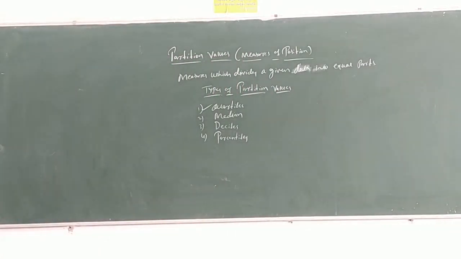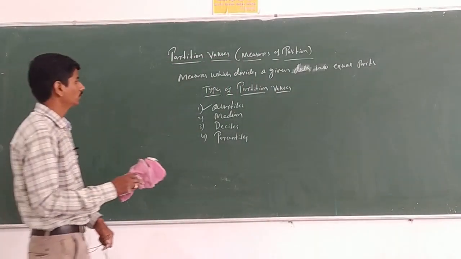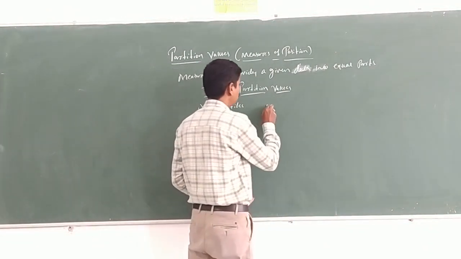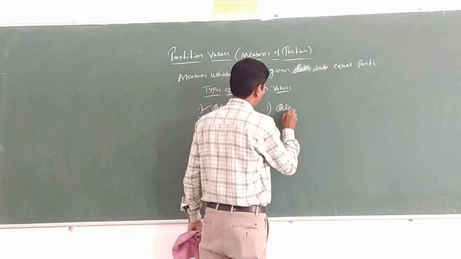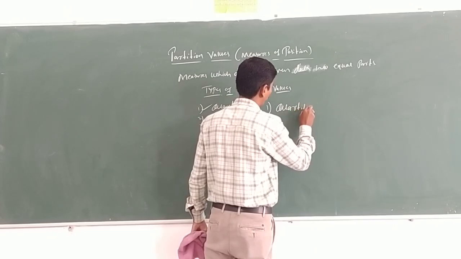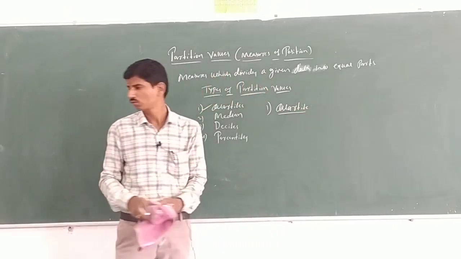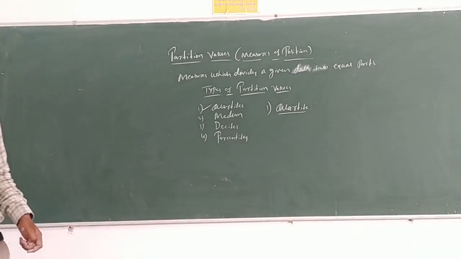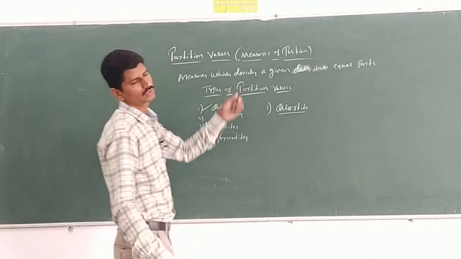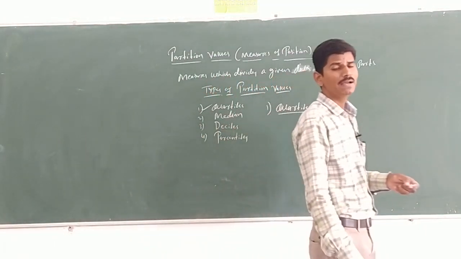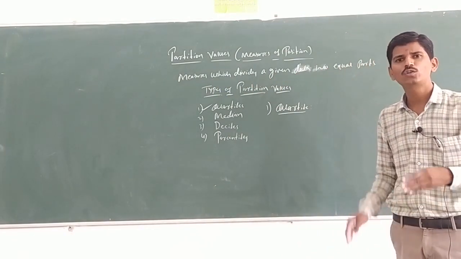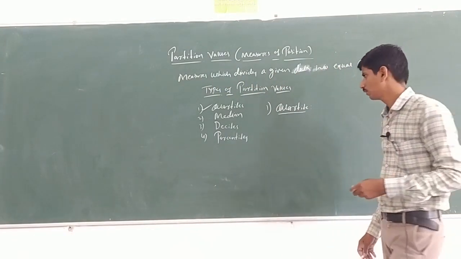What is a quartile? Quarter, that is 1/4. Quartile means measures which divide the given data into 4 equal parts.